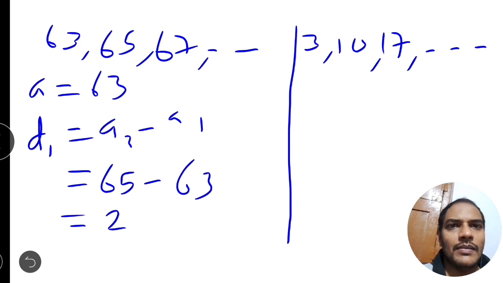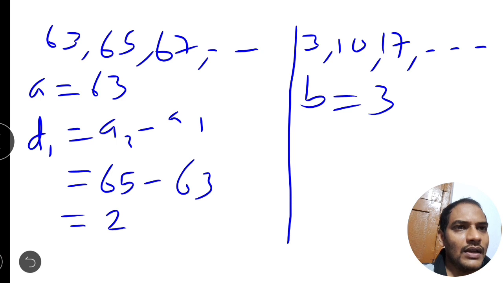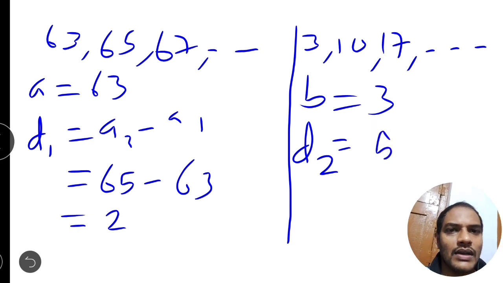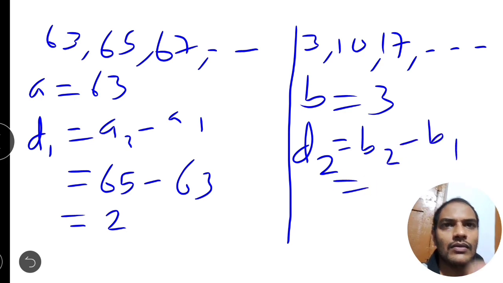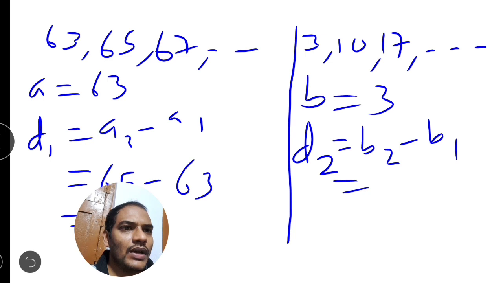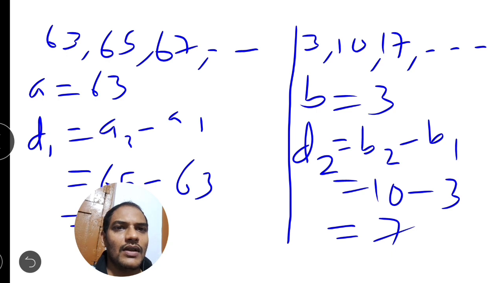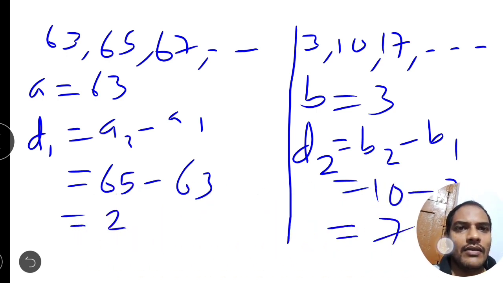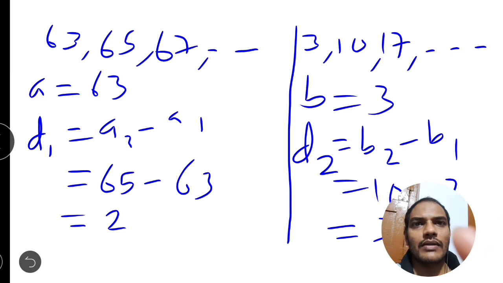Next, coming to the second AP, here I am taking the first term as B because it is a different AP, that is why I am denoting it with a new variable. So B equals 3, and the common difference is also different, so D2, the second common difference, equals B2 minus B1, which is 10 minus 3, 7. So the first d1 value is 2, the second d2 value is 7.